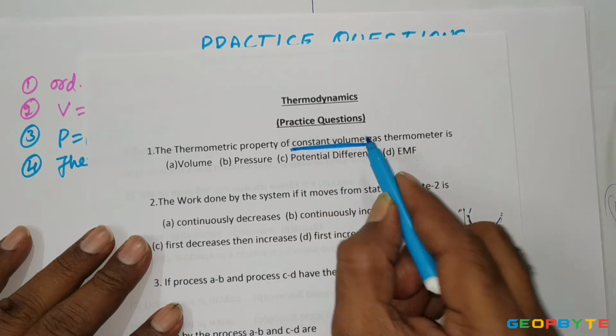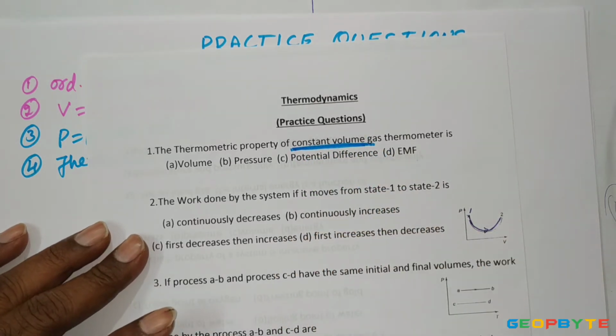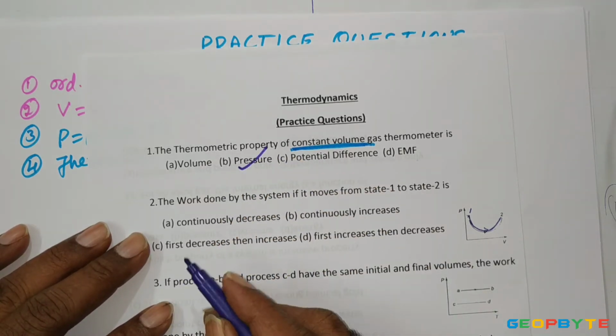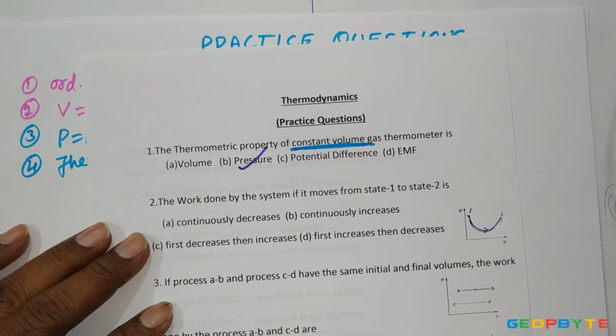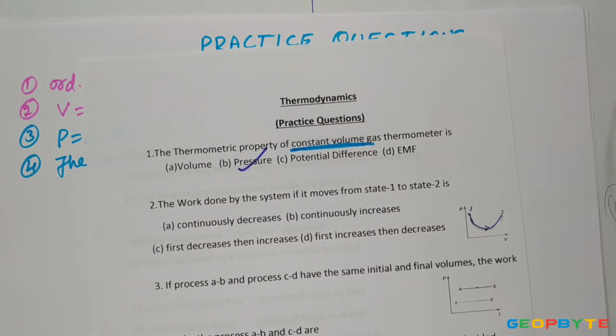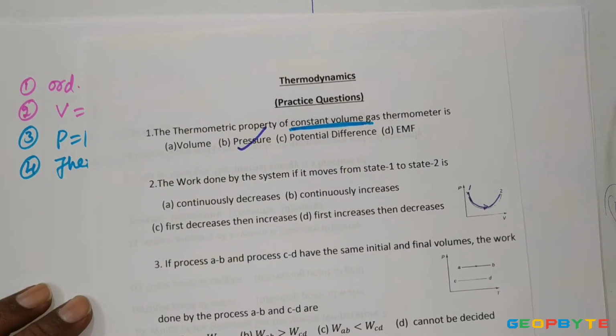For constant volume gas thermometer, the thermometric property is pressure. Therefore, for the first problem, option B is correct, because constant volume gas thermometer gives the reading in terms of pressure.